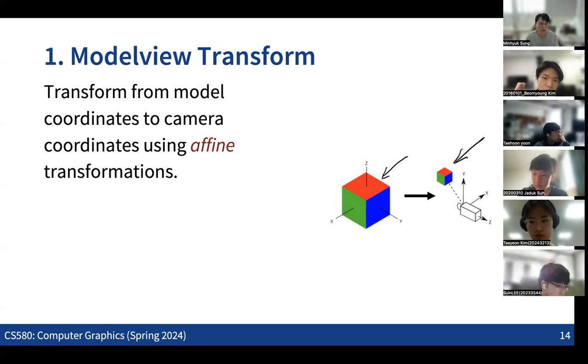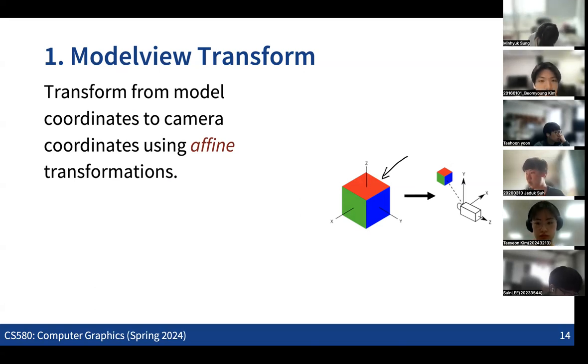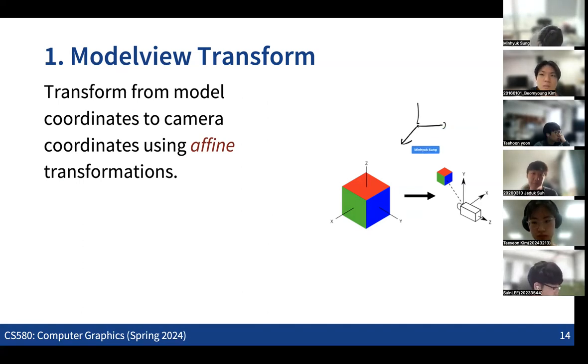So we define 3D objects in local coordinates, but now we are representing the same object based on the global coordinates, which is defined based on the camera pose. Precisely, we have another coordinate system called the world coordinates.